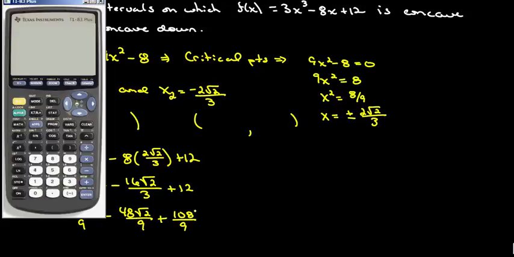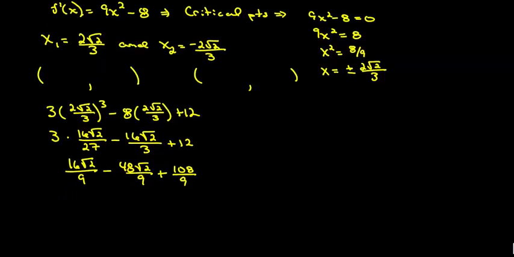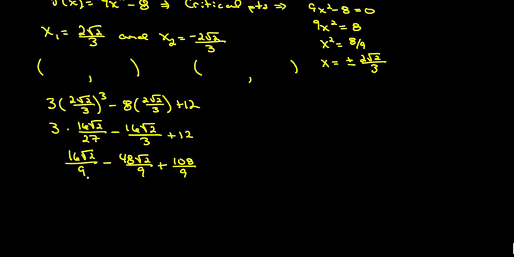And we can always just go ahead and check that math. That's not bad. So 12 times 9, there's our 108. Again, I'm just doing this all in my head here. So what I've got is 16 minus 48. So I'm going to end up with 108 negative here. So that gives me 32 square roots of 2 all over 9.